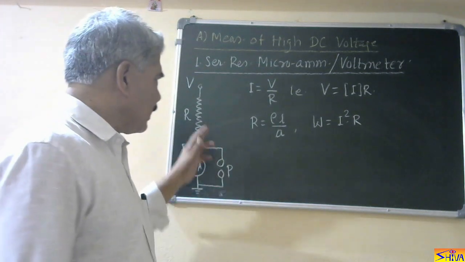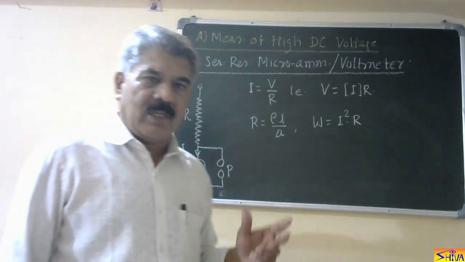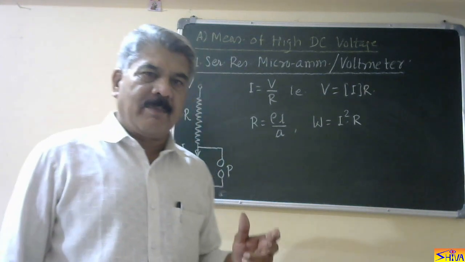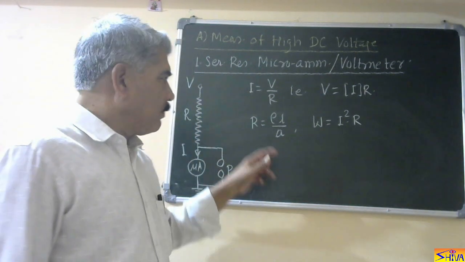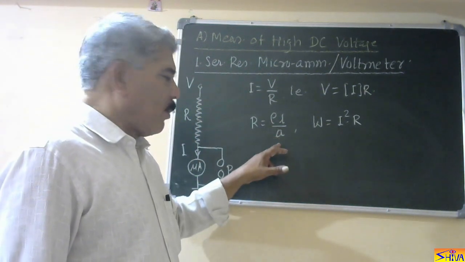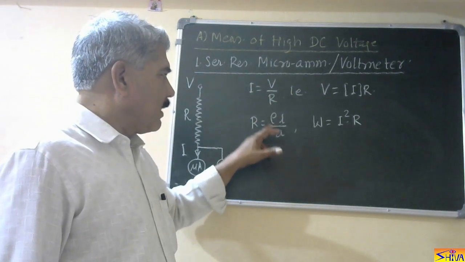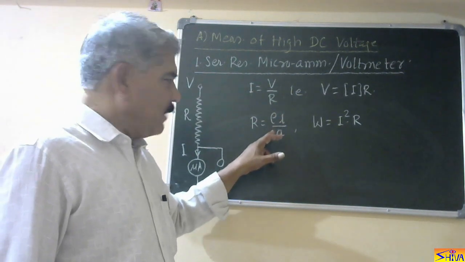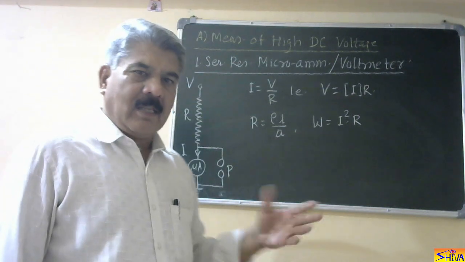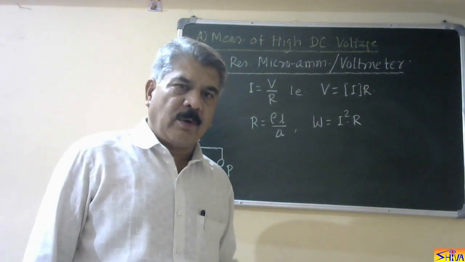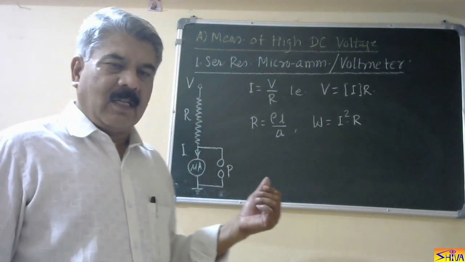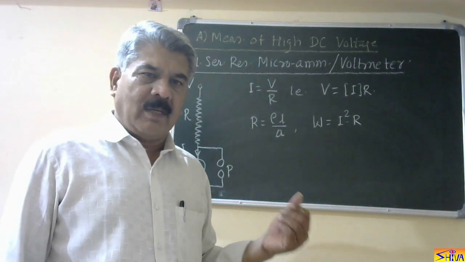Now let us come to this resistance. This is a very high value resistance in the range of hundreds of mega ohms. R is rho L upon A. So we have to use a material which has high resistivity and low cross sectional area, which will be of no problem because the current flowing is in the range of microamperes or milliamperes.